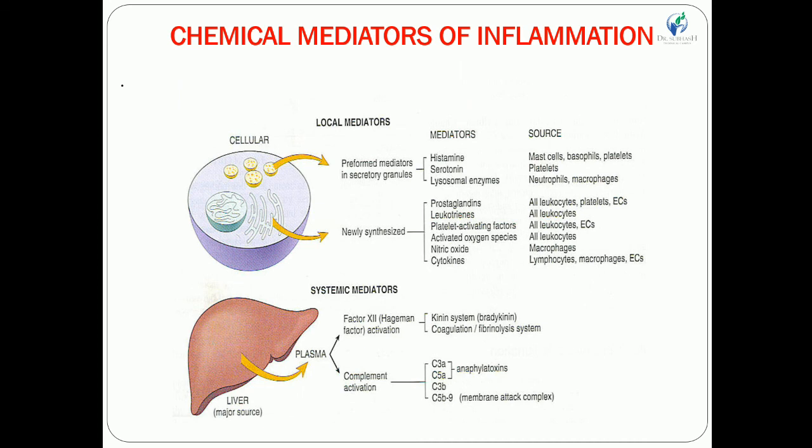After that, generally all those mediators will be released when they come into contact with certain stimuli, right? And those stimuli could be any kind of injurious agent. It could be dead cells, damaged tissues, or many more. So here it can be considered as secondary mediators too, right?